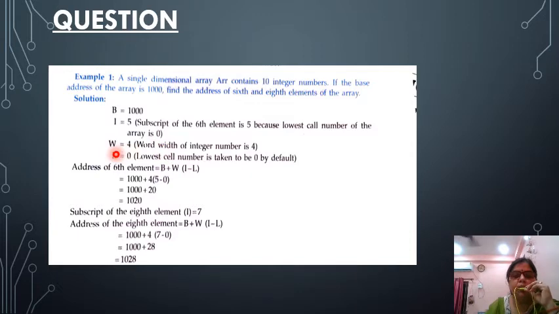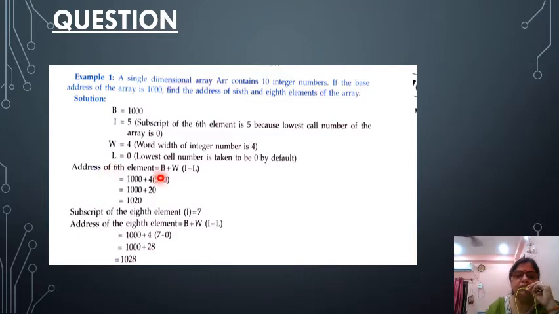W is 4 because the value here is of integer type. See it here, it is written integer, so the word width will be 4, and L is 0, the lowest cell number, taken by default because no cell number has been given here, so we will take 0 by default.